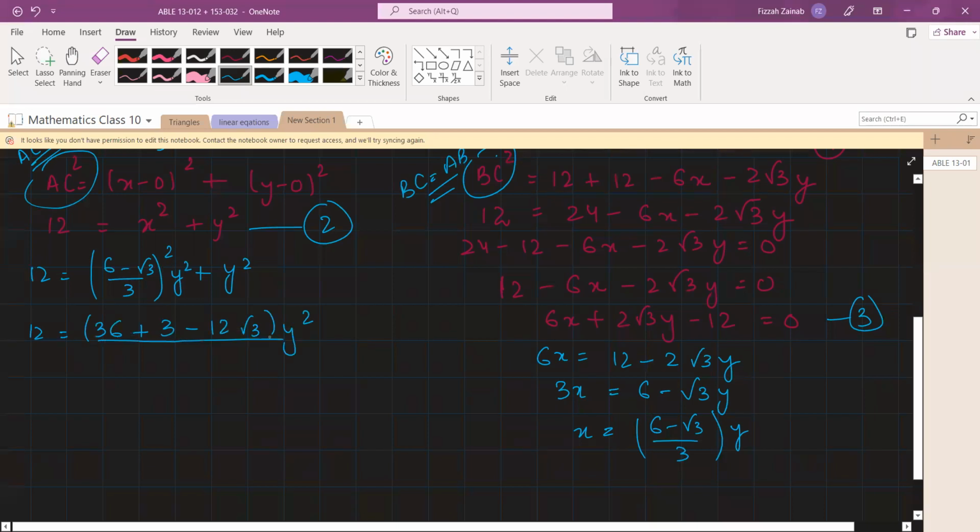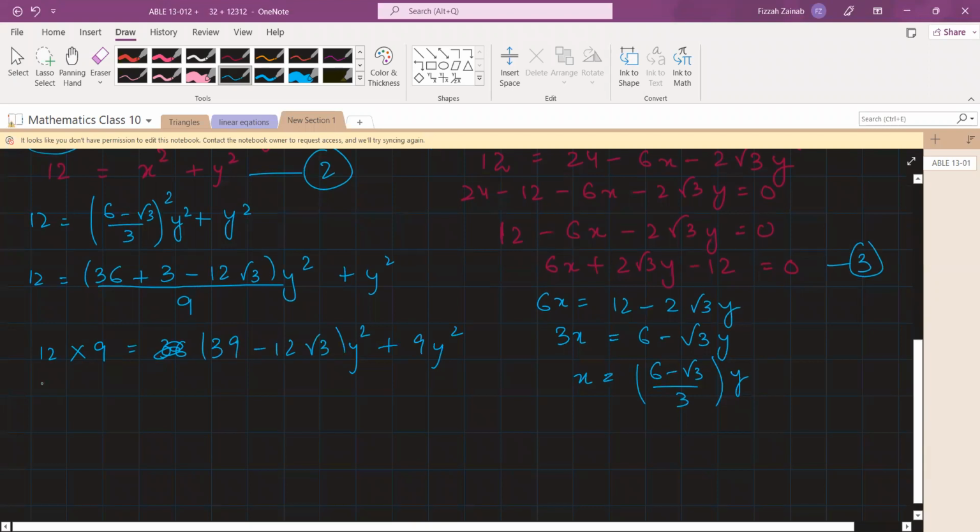And then in the denominator you have 9 plus y square. Take LCM and I'm multiplying this by 9 directly, so I'm skipping one step. So that becomes 36 plus 3, or 39, minus 12 root 3, obviously y square, and then plus 9y square.